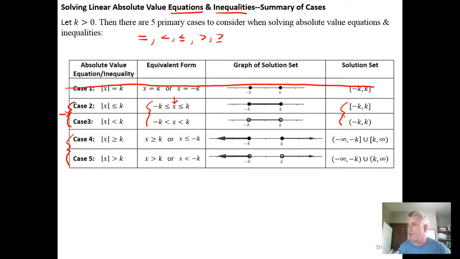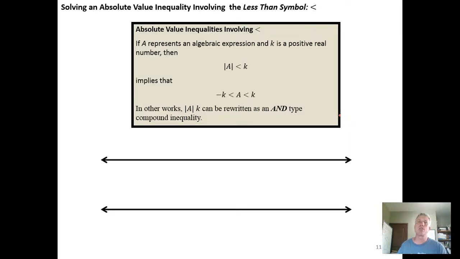This is going to be the common way of expressing solutions to these types of absolute value problems. So we're talking about the less than case, or the less than or equal to case. They're essentially the same case with a subtle difference in terms of how you describe the final solution.